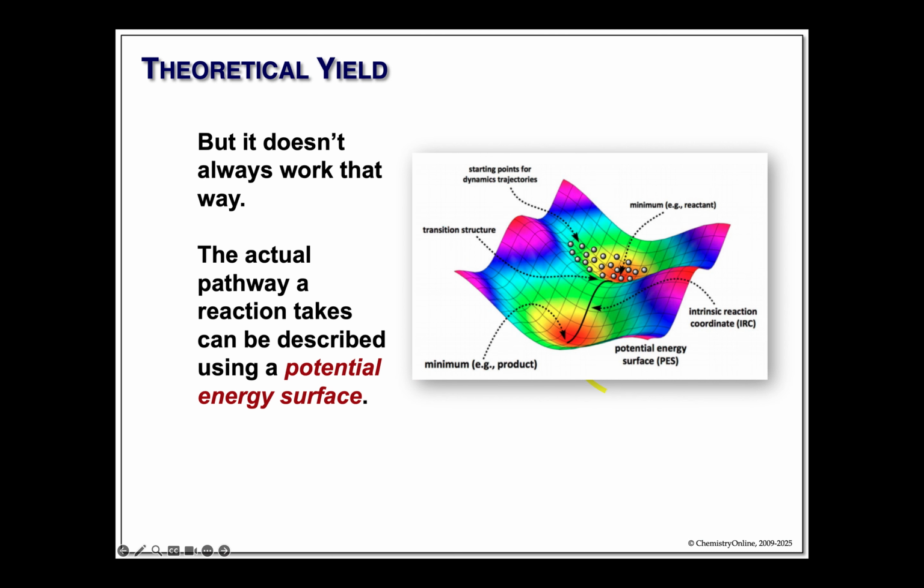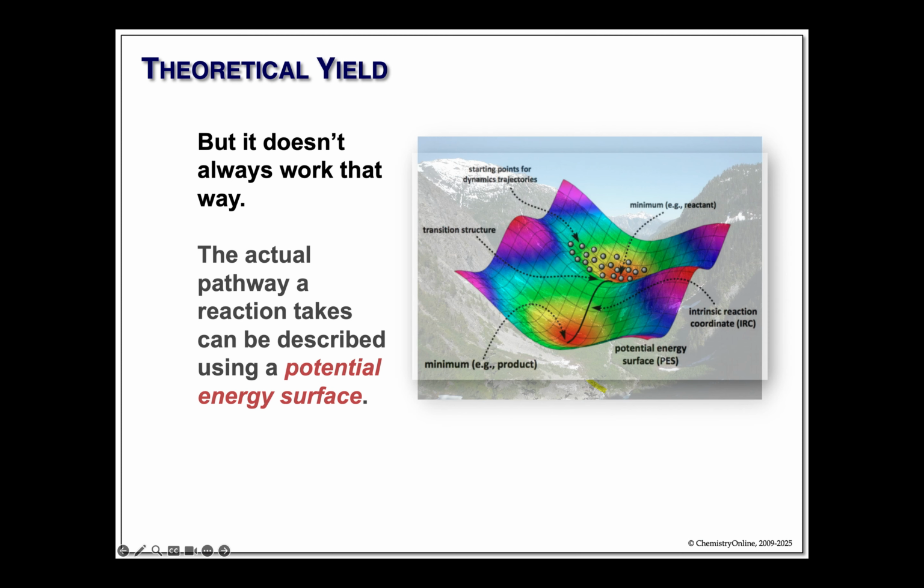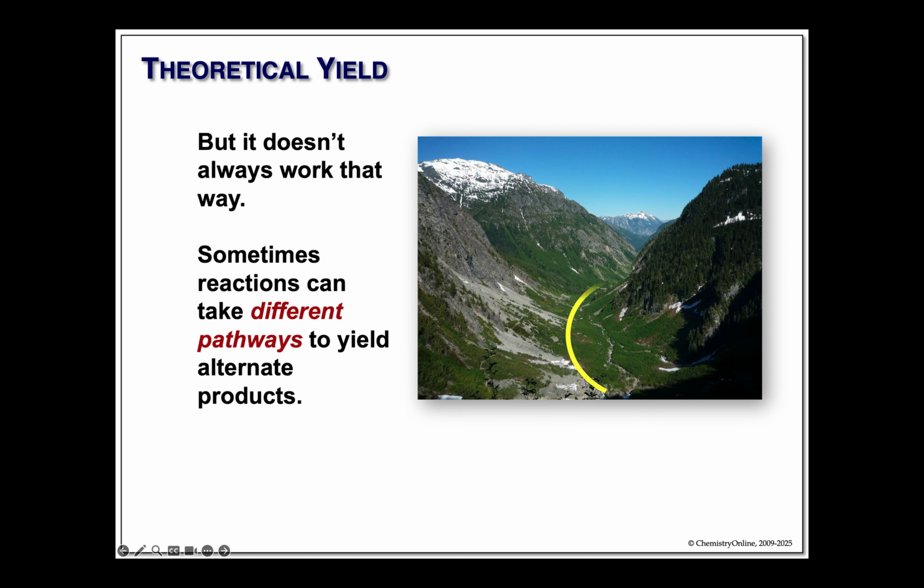Now, a chemical reaction doesn't just magically jump from reactants to products. The process of the reaction is basically described by a potential energy surface. You have a bunch of reactants here, and they're all at different energy levels. They go over the lowest bump here, called the activation energy, to give products at an energy minimum. There are also other pathways that these guys can take. Think about a mountain range.